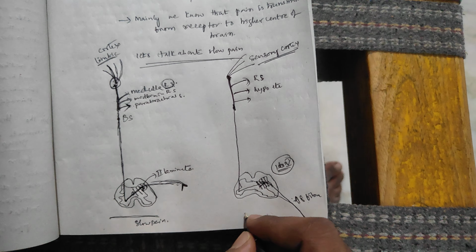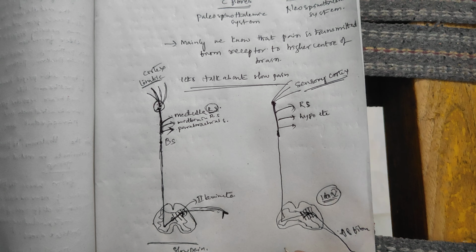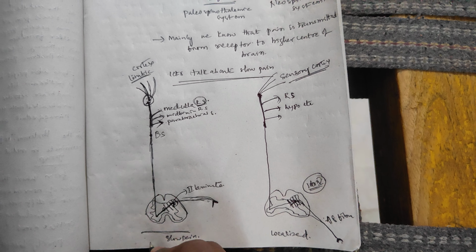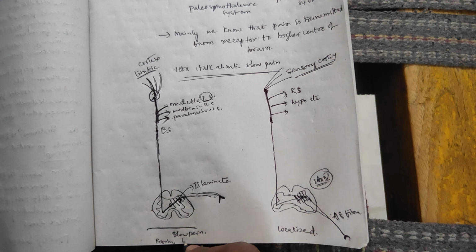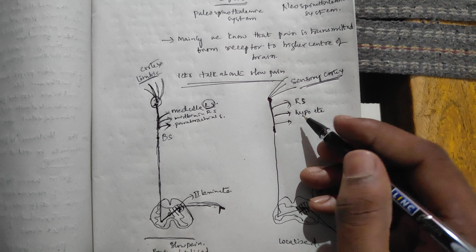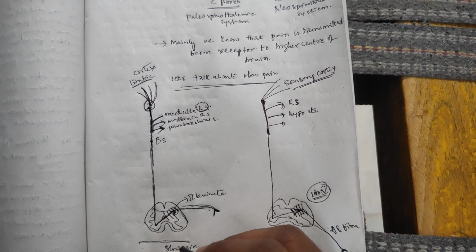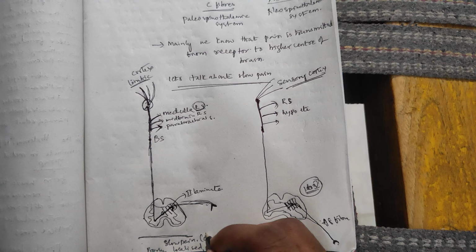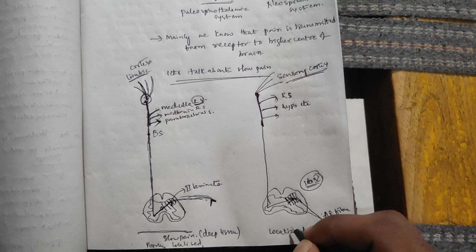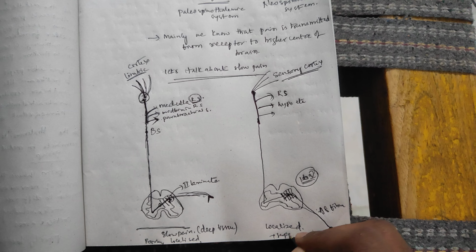Mainly it is well localized, whereas slow pain is poorly localized. Mainly we see slow pain in deep tissue damage, and here in superficial tissue damage.